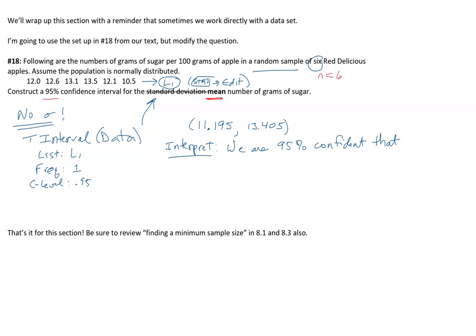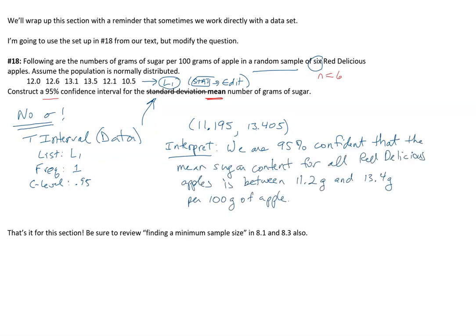And then use your own wording. I'll write something down, but yours might be a little different. As long as you get the gist of it, it'll be okay. How'd you do? This is what I came up with. We are 95% confident that the mean sugar content for all Red Delicious apples is between, rounded, 11.2 grams and 13.4 grams per 100 grams of apple.